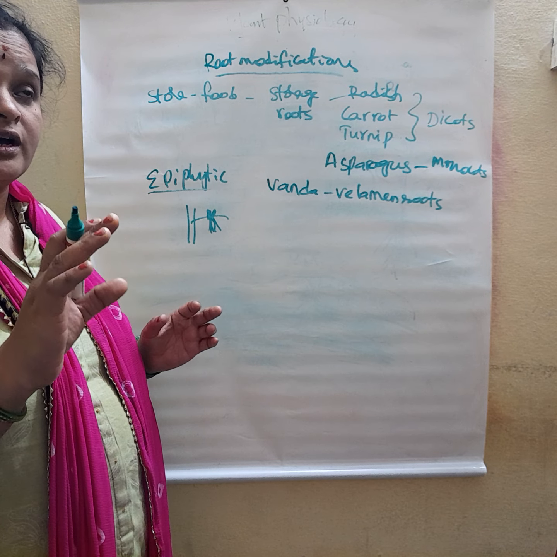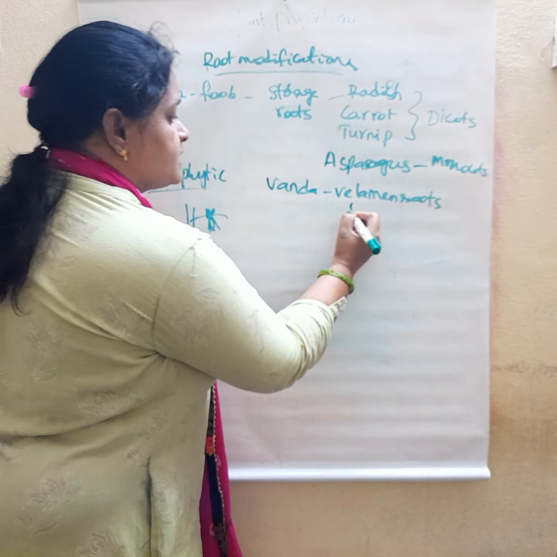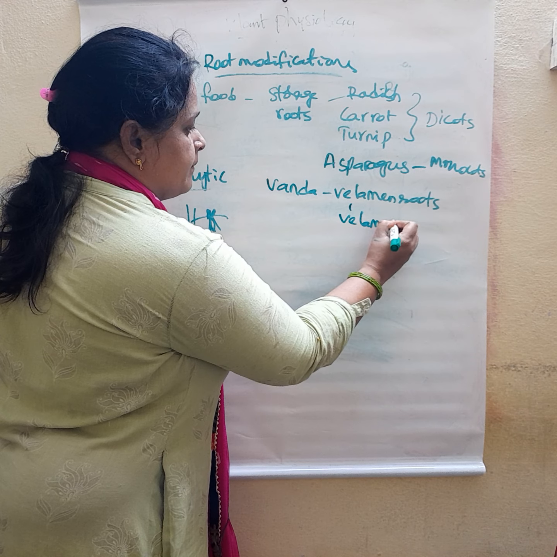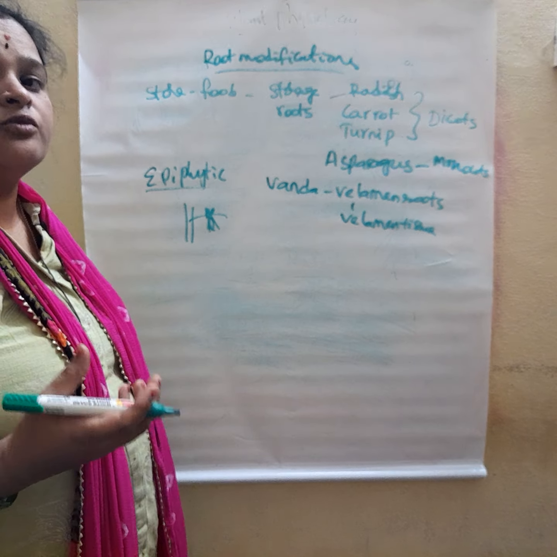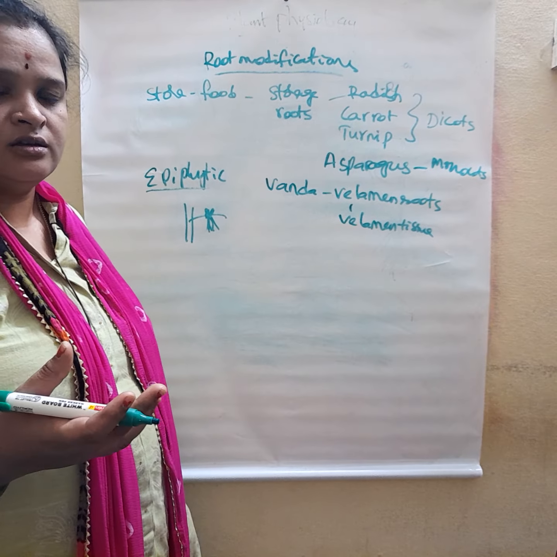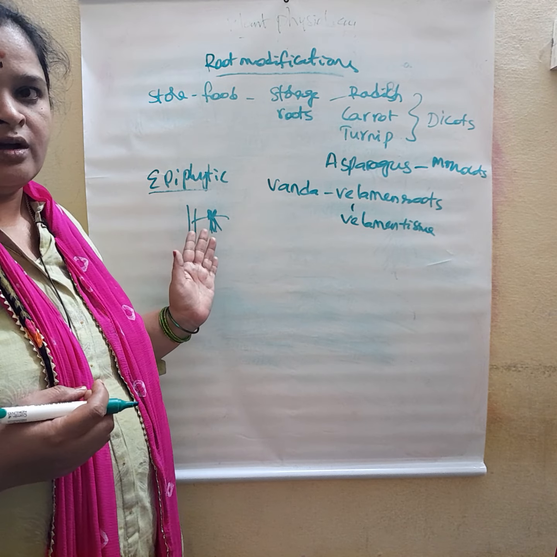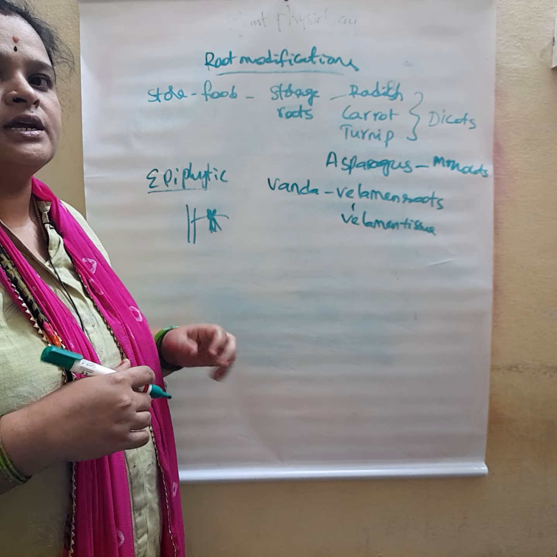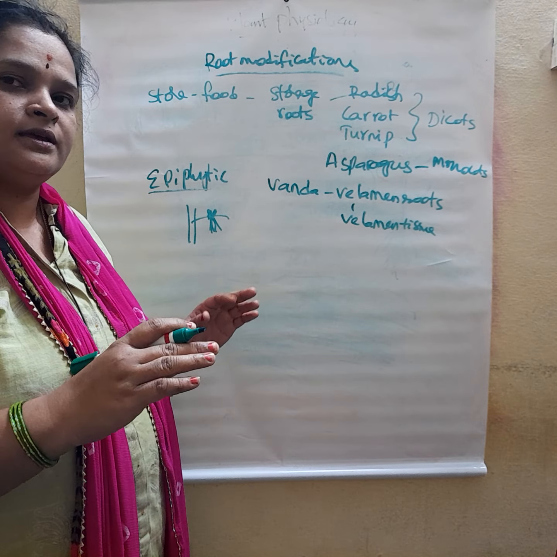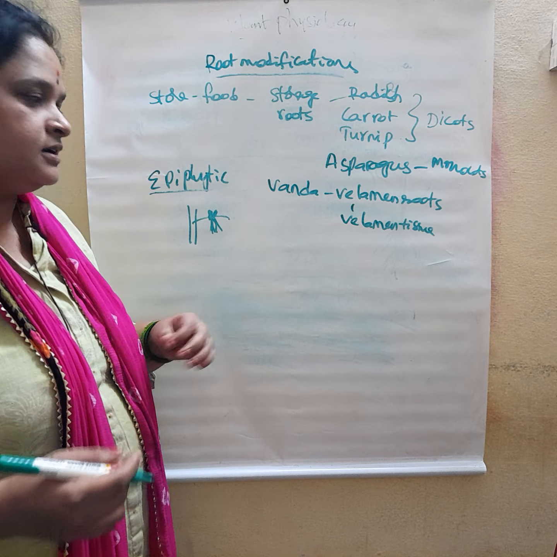They are freely in the atmosphere, and they have a specialized tissue called velamen tissue, which helps in absorption of moisture from the environment. They are also getting shelter on the tree, right? So from the moisture and carbon dioxide they prepare food material, and they freely live on the tree.